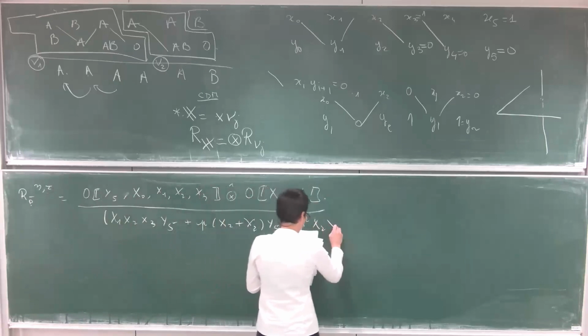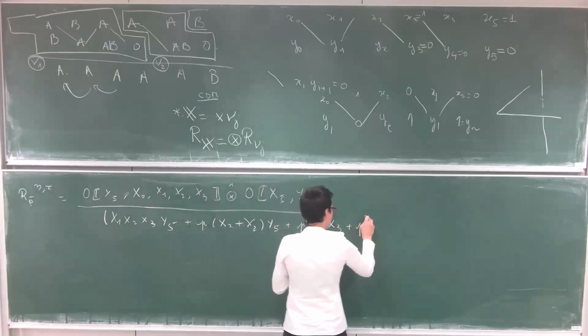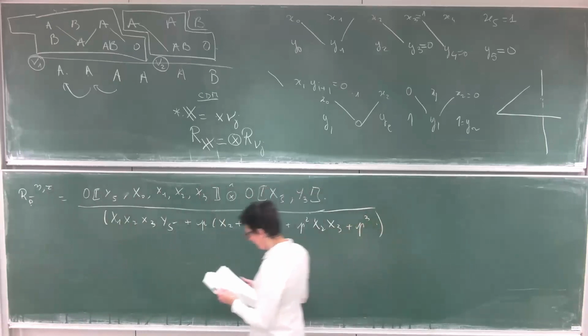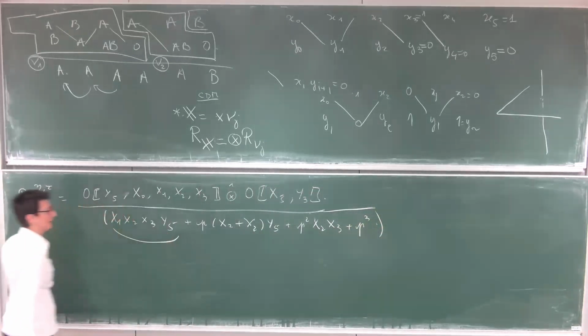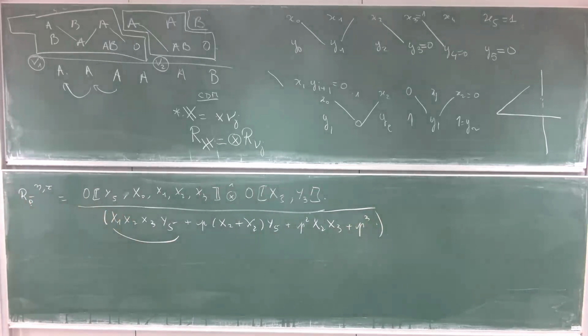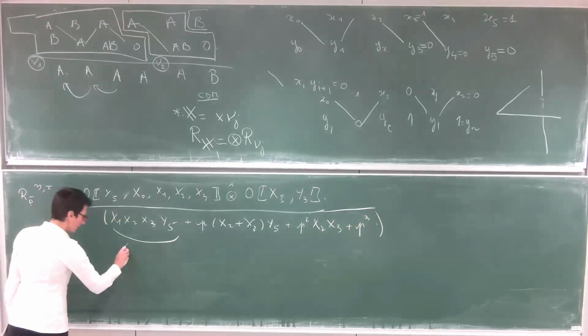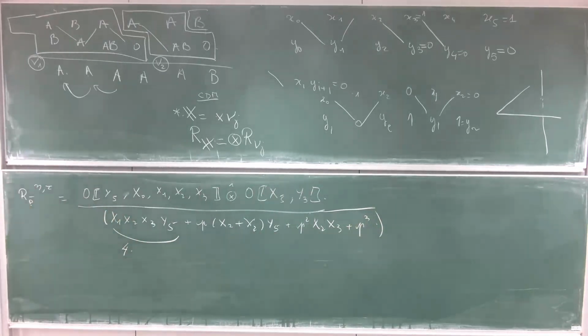Sorry. And yeah. If you reduce modulo P, you obtain four irreducible components.